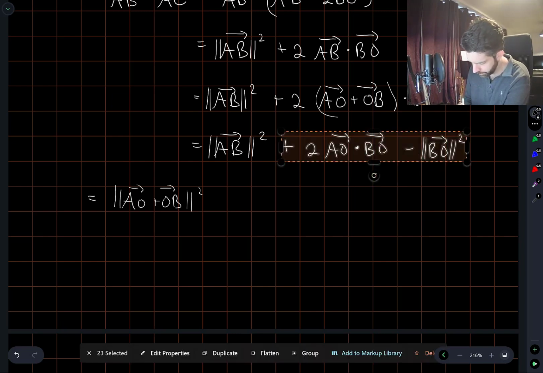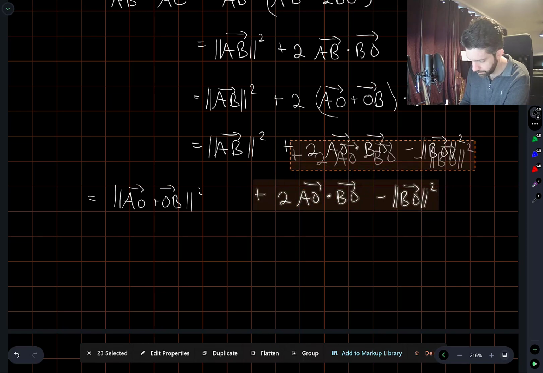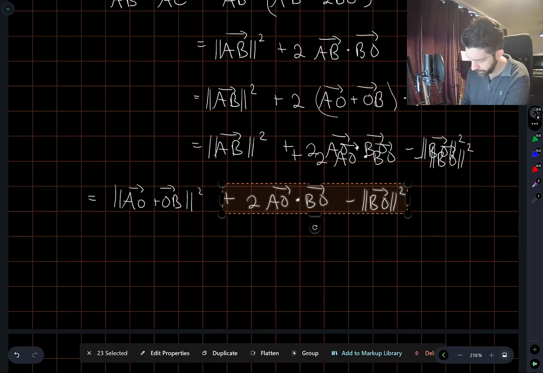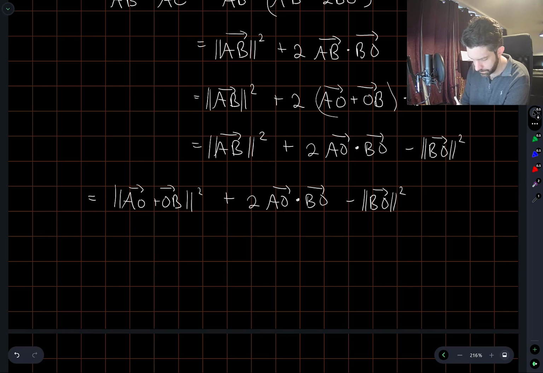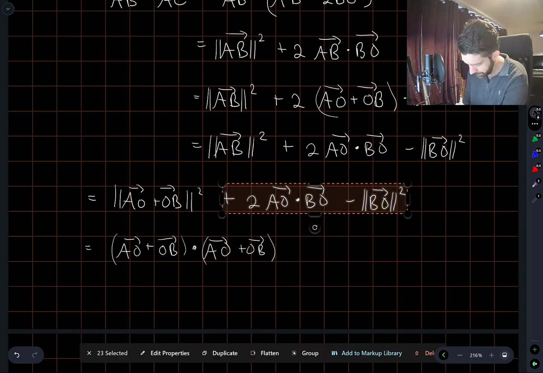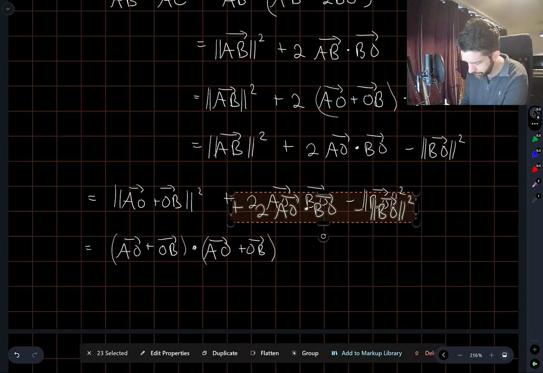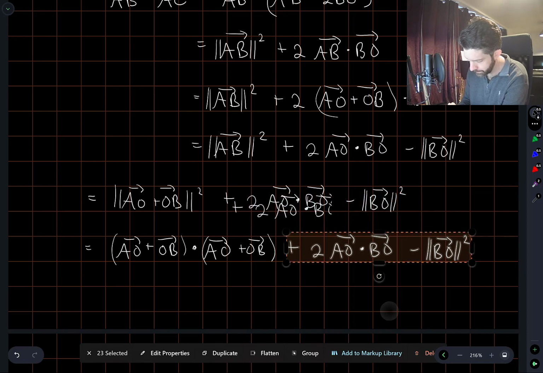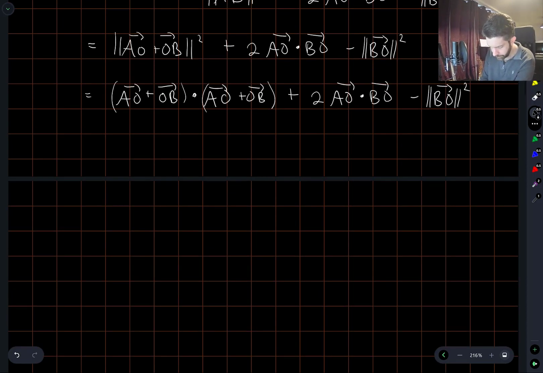So I suppose what's gone on here is I've just written everything in terms of vectors connected to the origin. Okay, so AO plus OB magnitude squared is the same as AO plus OB dotted with itself. And maybe, if we're lucky, we'll get a whole bunch of cancellation here and everything will turn out to be 0. So let's just expand this and see what happens.